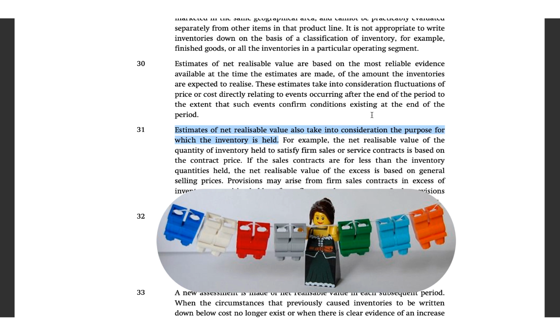So the point of this paragraph 31 is to tell you, please go and take your information into account after IAS 10, what's happening after the reporting period. Take that into account and try and accurately measure your net realizable value loss. They use things here like the words firm sales or service contracts because they're really trying to tell you, please don't just sit there and say, I think I'm going to do this.